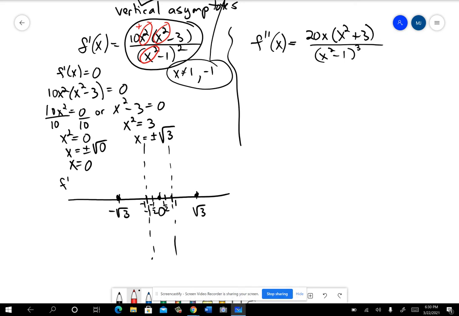This part would be a fourth minus 3, so it would be negative. This part would be a positive 1/4 minus 1, which would be negative, but then you're squaring it. So the denominator would be positive. Okay. So if you have a positive times a negative on top, that's going to be negative. So it's going to be negative at positive 1/2. And negative 1/2 is going to give us the same thing, because when you plug it in, you square it. So this is also going to be negative.